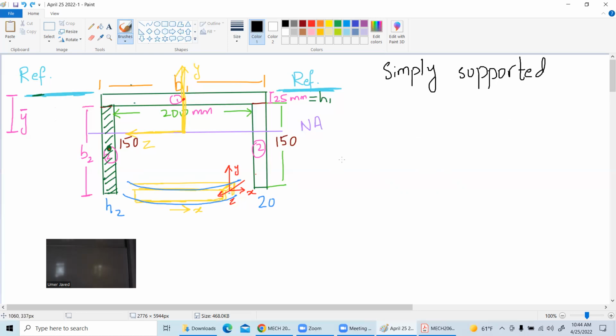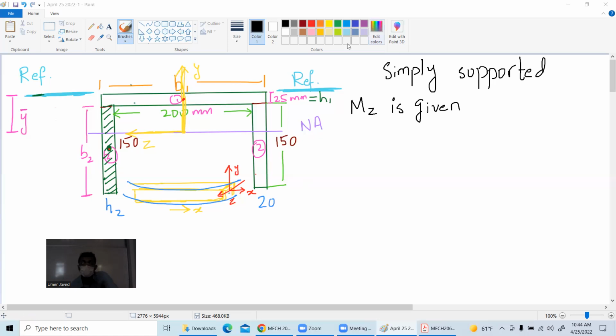The moment was given in the question, wasn't it? Yes, no? Anyways, let's say Mz is given. I don't know the value right now. I will find it in my notes.